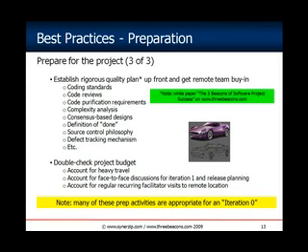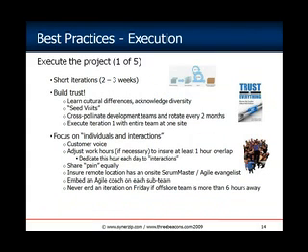Let me move into the execution of the project, which I've got 5 slides on, so I'm going to have to move pretty fast through these. But I'll start by saying the very best practice for executing a dual shore Agile project is to stick with short iterations. The shorter the better. If you can do 1-week iterations, that's pretty incredible. Most iterations I've seen are 2 to 3 weeks. So stick with short iterations.